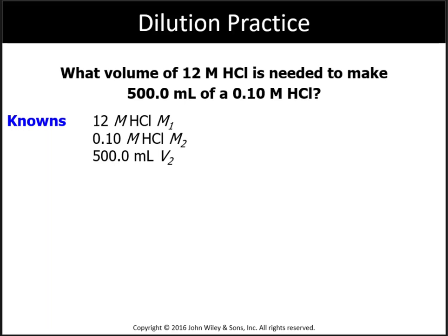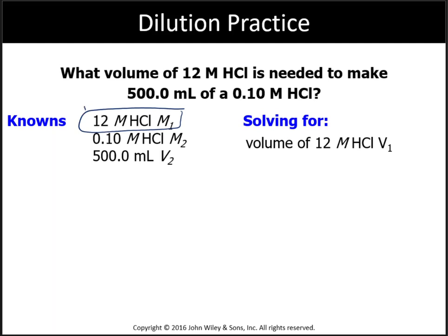And from this concentrated solution, you want to make exactly 500 milliliters of 0.1 molar hydrochloric acid. So the 12 molar hydrochloric acid is your concentrated solution, and 0.1 molar hydrochloric acid is your dilute solution.